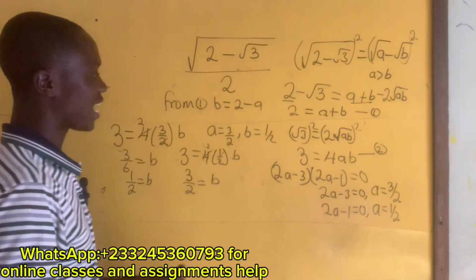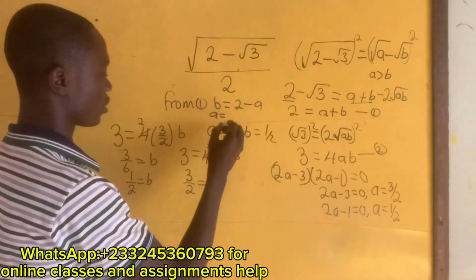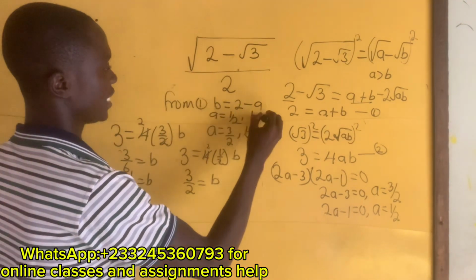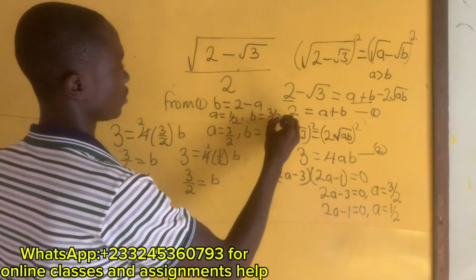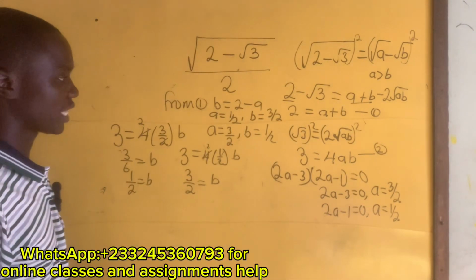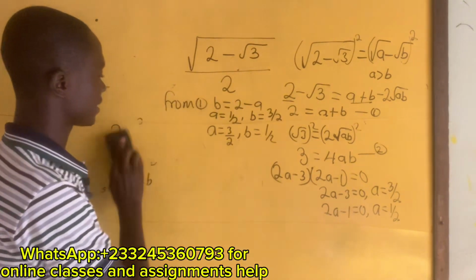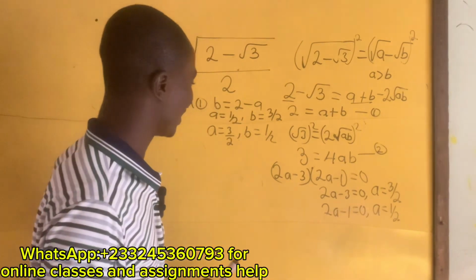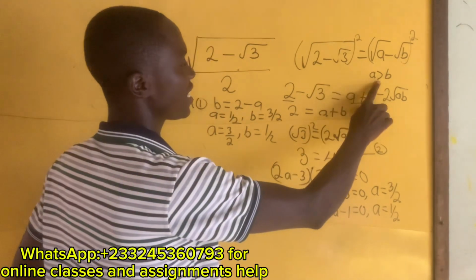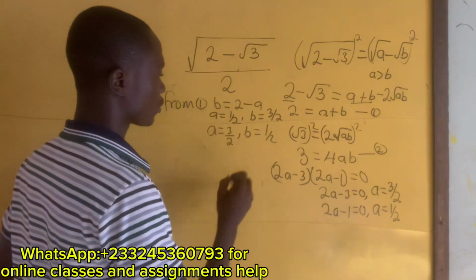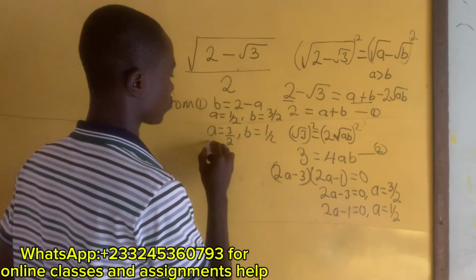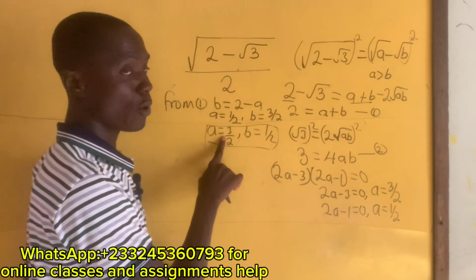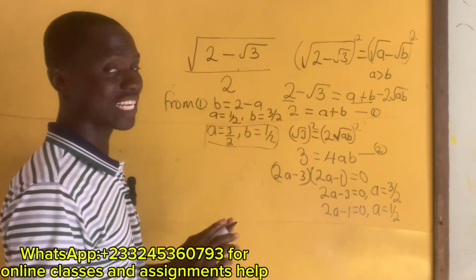Here too we have a equals half, which means that b equals 3 on 2. Wow. So now we can just fill what we have there. But here we stated that a is greater than b. So this will be the correct one, right? This one is 0.5 and this one is 1.5. So 1.5 is greater than 0.5.